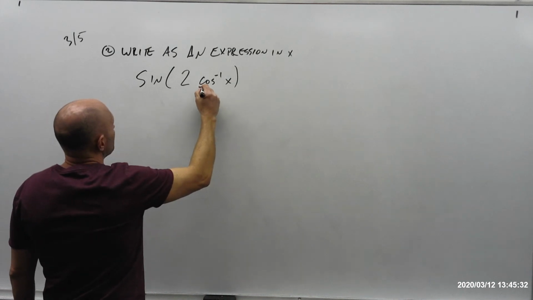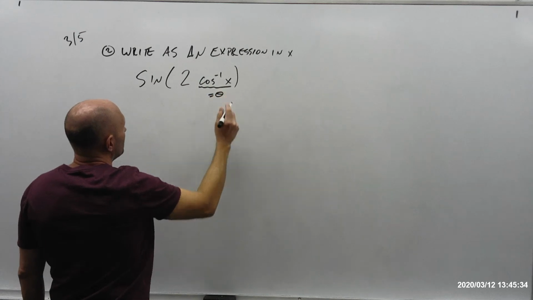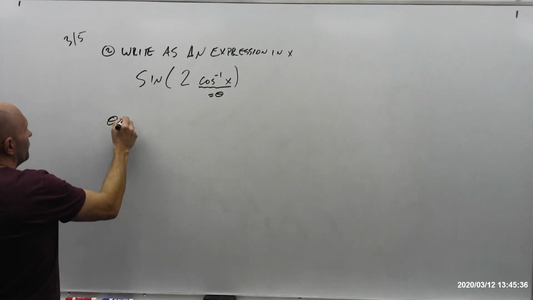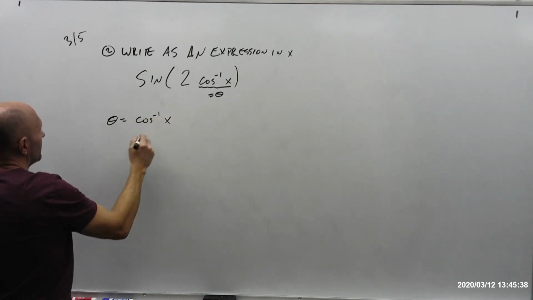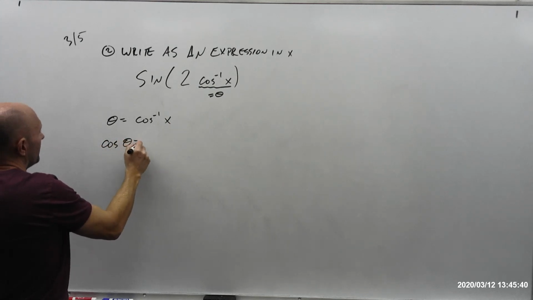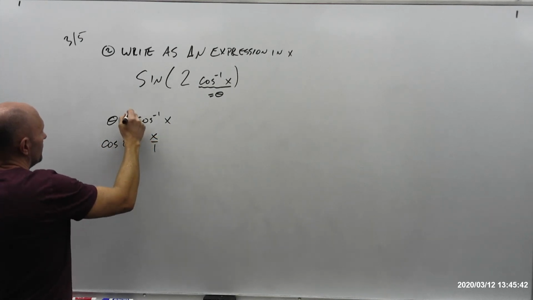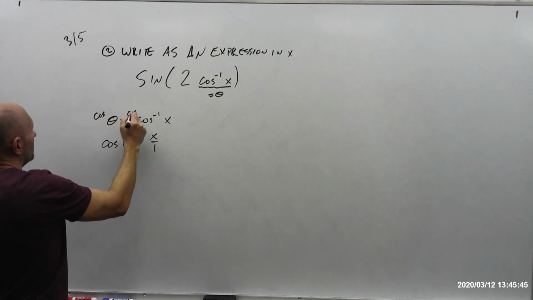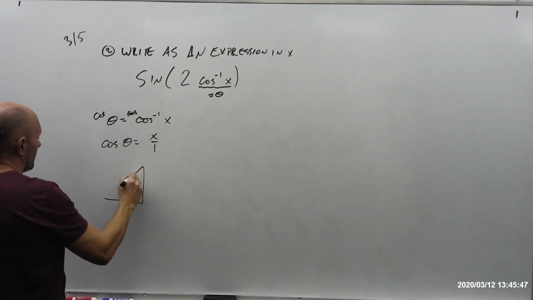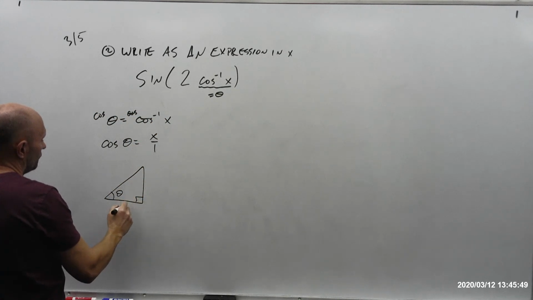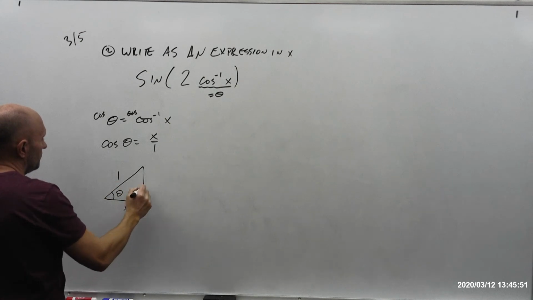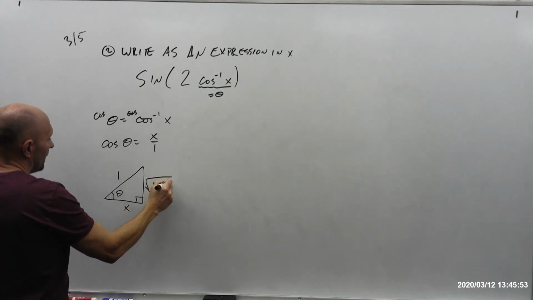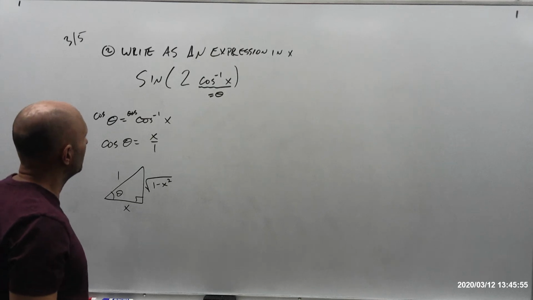The idea is still the same, only the inverse part gets labeled theta. So theta is cosine inverse of x. So cosine of theta is x over 1. Take cosine of both sides. Build your triangle. Cosine is adjacent over hypotenuse. The leg always has the minus, so square root of 1 minus x squared.